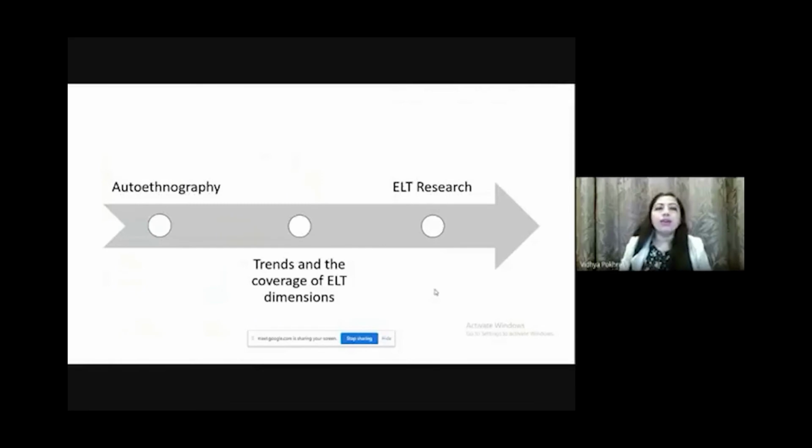And here in this presentation, I'll talk about the research where I have tried to show the connection between autoethnography and ELT research, and there I'm focusing more on the trends and the coverage of ELT dimensions.